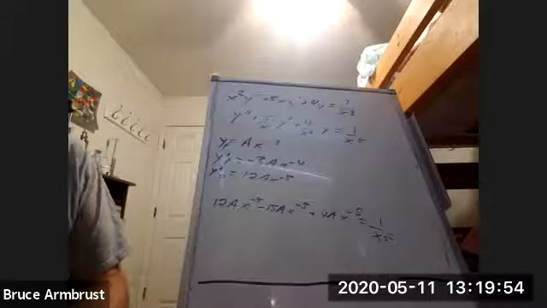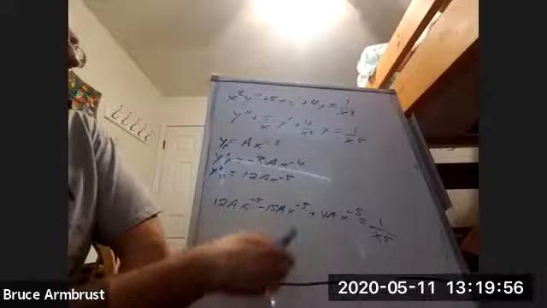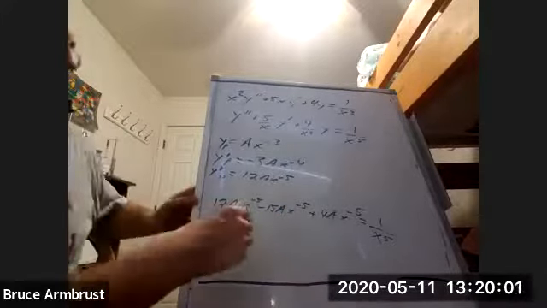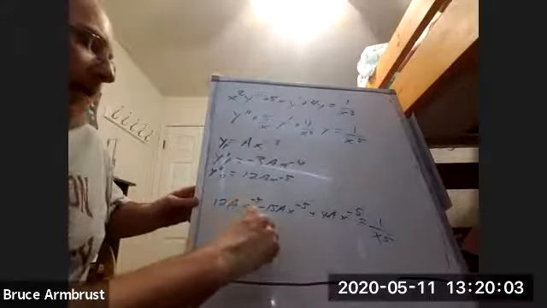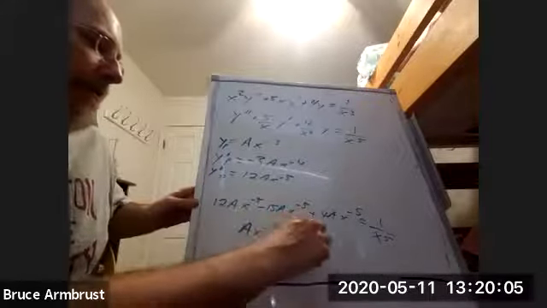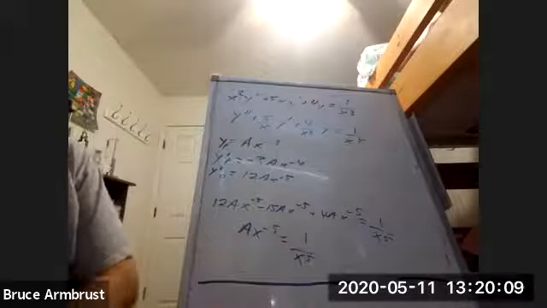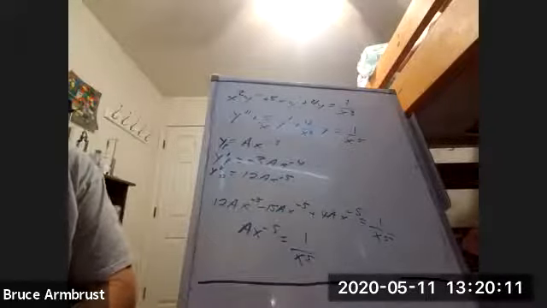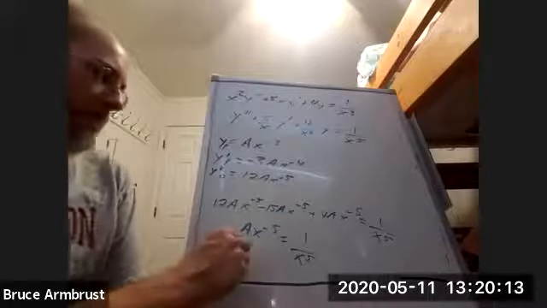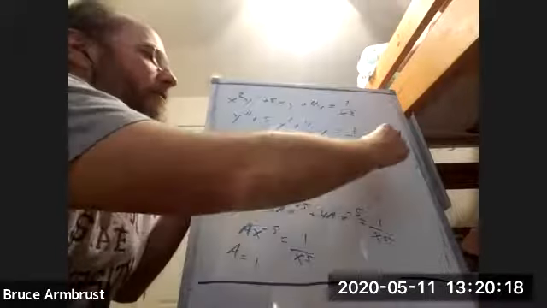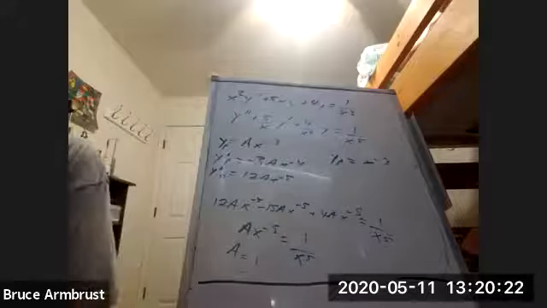So let's go ahead and combine those. 12 plus 4 is 16, minus 15 is just 1. So we're left with a single a x to the minus 5. We need that to equal 1 over x to the 5, which suggests a equals 1. So I think we got ourselves a particular solution, x to the minus 3.